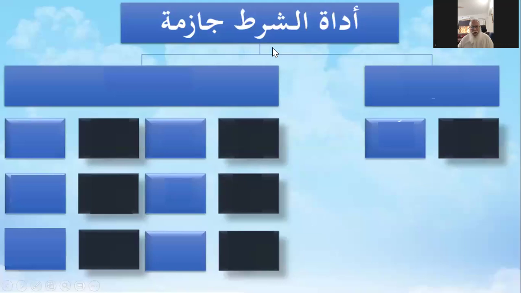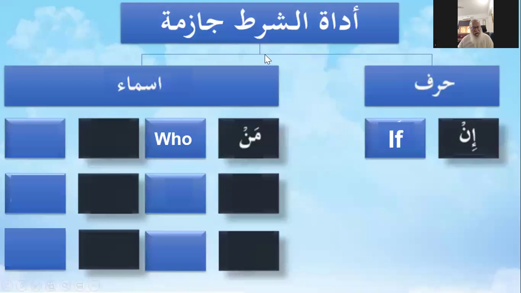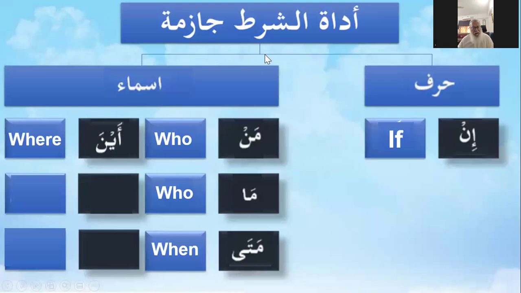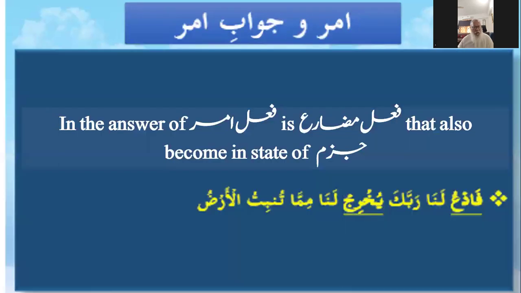So what are the adatul shart jazima, which give a jazm? It may be a harf, just like in, it means if. We are revising it, okay? Asma: man means who, ma means what, mata means when, aina means where, ayyu means whoever, mahma means whatever.